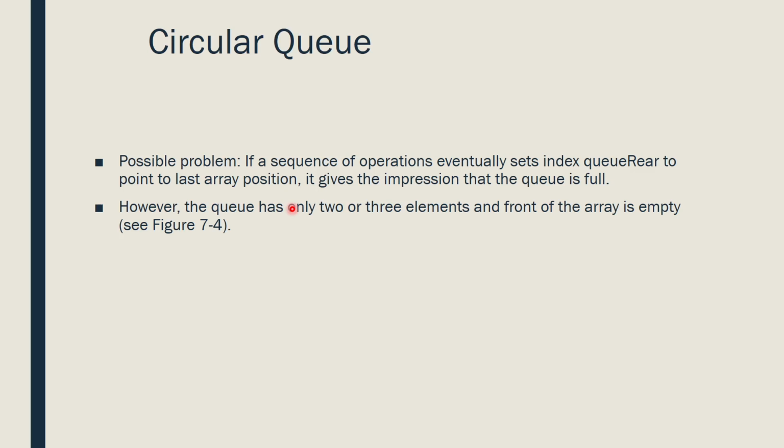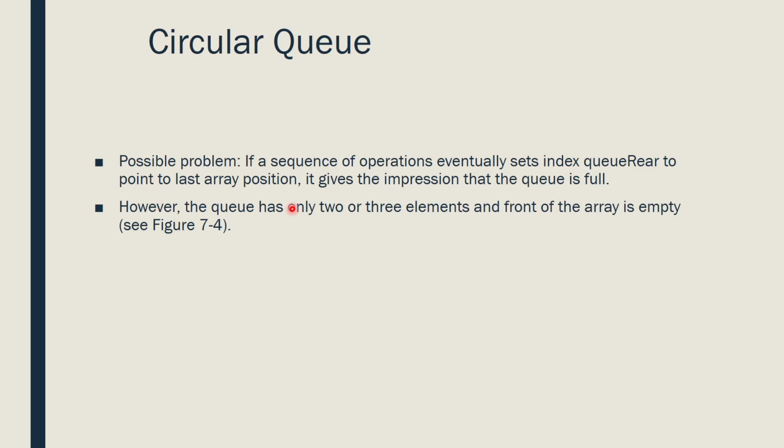Now there is a circular queue. Circular queue will be used to refer to a problem if a sequence of operations eventually sets index queue rear to point to the last position.